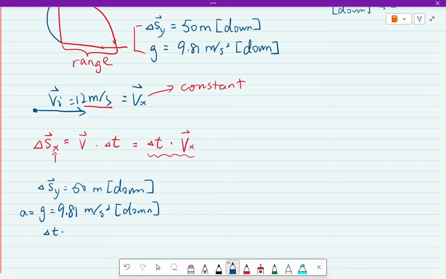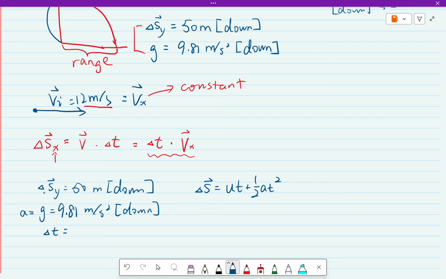What kinematic formulas for uniformly accelerated motion can we use here to solve for t if we know delta s_y and a? We would immediately think about delta s equals ut plus 1/2 at squared, right?